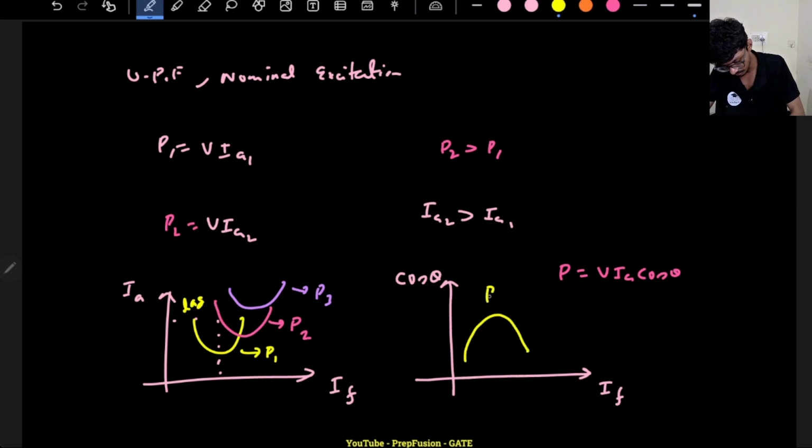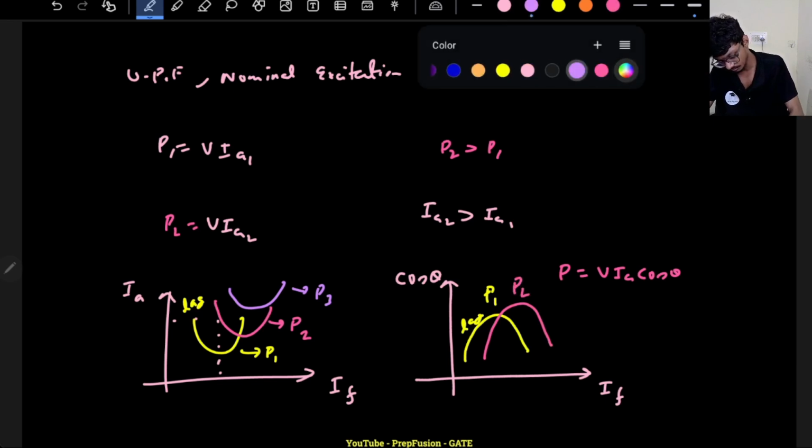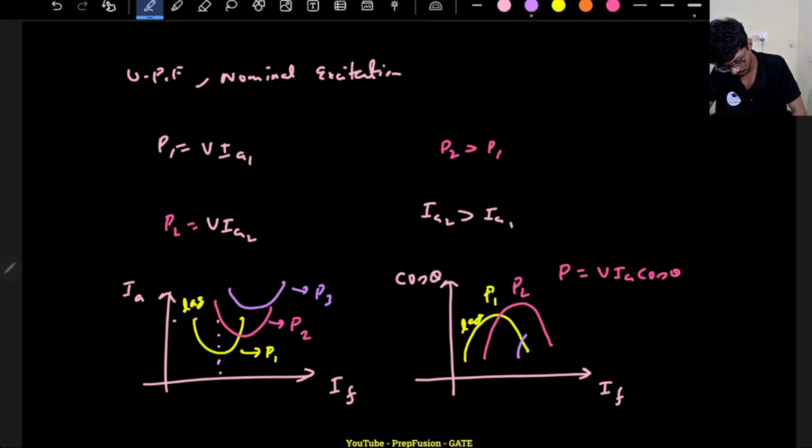This is the lagging side for P1. But if I increase my power, the graph will just shift rightwards. This will be P2, and this will be P3.